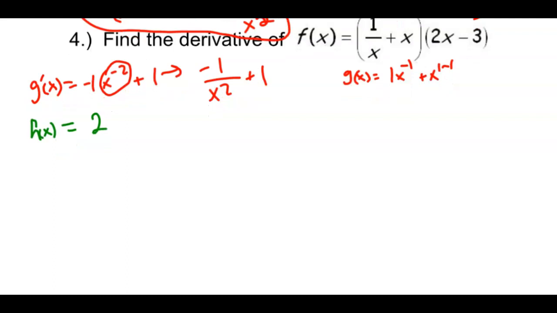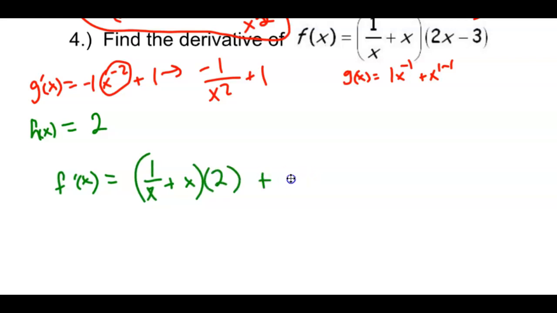And now I just apply the rules that we've had the whole time. Where you have the first function times the derivative of the second function plus the second function times the derivative of the first. Ooh, I almost wrote the wrong thing. Negative 1 over x squared plus 1. There we go.